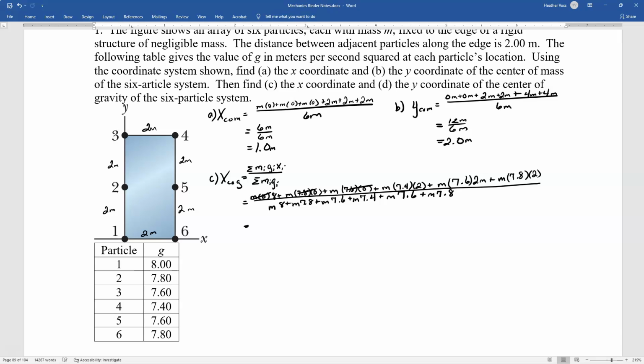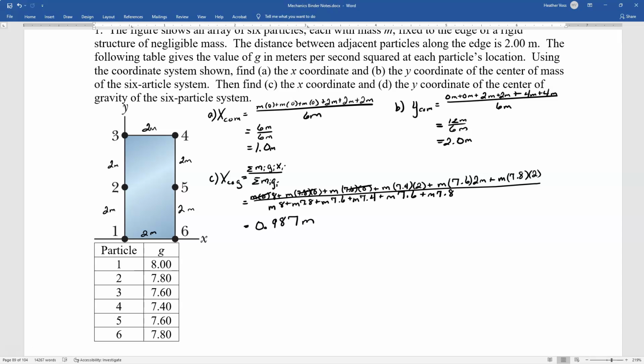Those first 3 are going to be 0, so we're going to be left with the last ones. And if we do all of this, we are going to get that the x center of gravity is going to be about 0.987 meters. So it's not exactly the same. It's similar, it's close, but it's not exactly the same position.